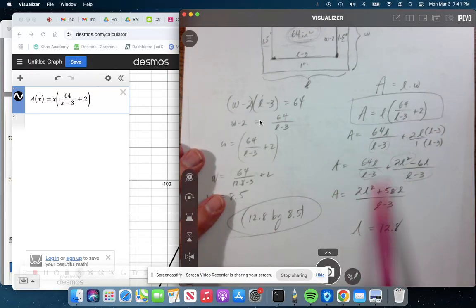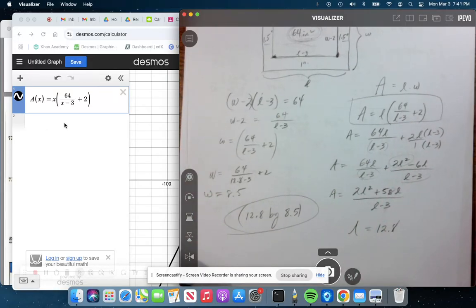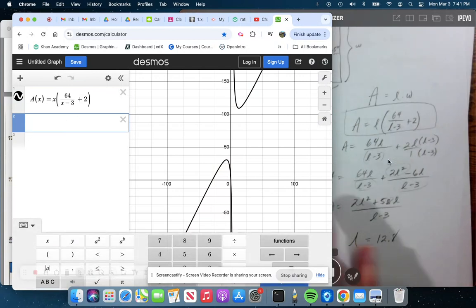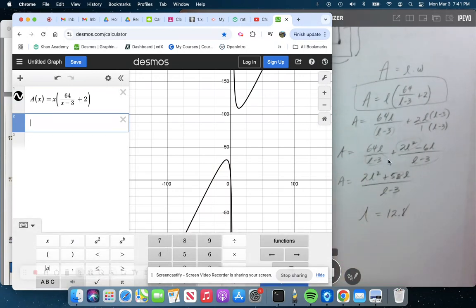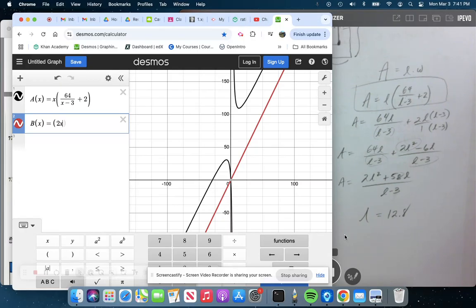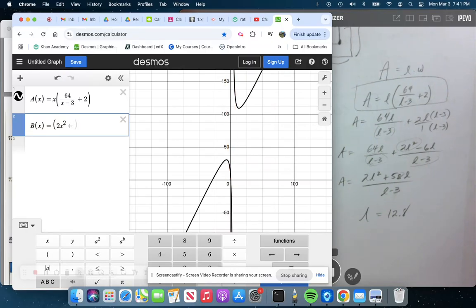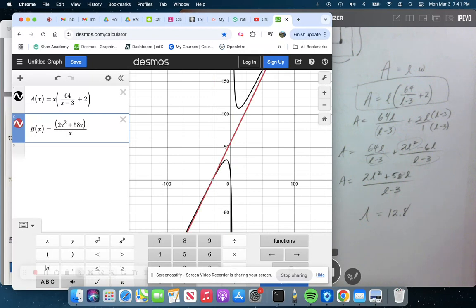Okay, so I was going to check this to see, just out of curiosity, is this the same graph? So let's try it. Okay, let's call it something else. We'll call it b of x equals parentheses 2x squared plus 58x divided by x minus 3.